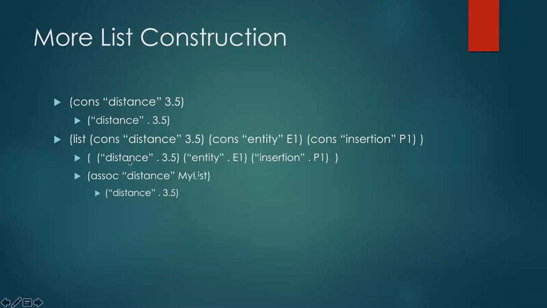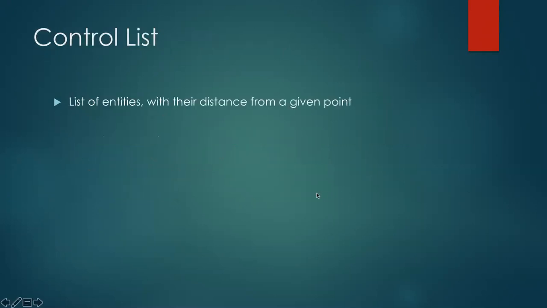And so by doing this, it helps me avoid that, and have cleaner names for my ad hoc data that I need to work with. And it's just a real dream to work with, certainly compared to doing the same thing in any other language. Array functions are far more difficult to work with than the list processing functions in AutoLISP. So that was that. Now we're going to talk about a control list.